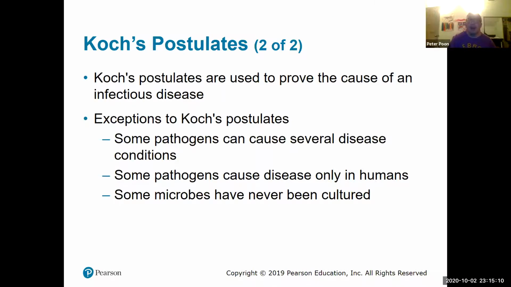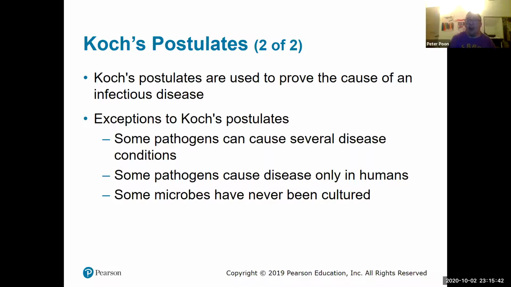Okay, all right. So you can do that to mice because no one really gives a shit too much about mice, but you can't really do that to humans, right? So here are the exceptions to Koch's postulates. Some pathogens can cause different disease conditions in different amounts. Staph causes a bunch of different diseases. Some pathogens only cause disease in humans.